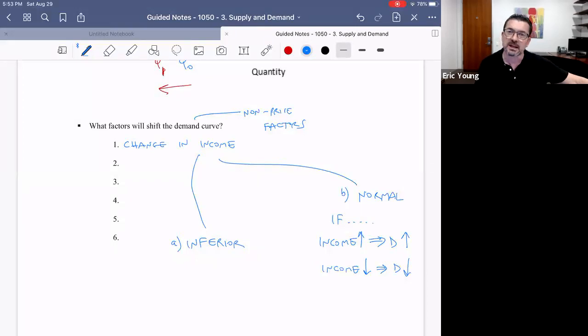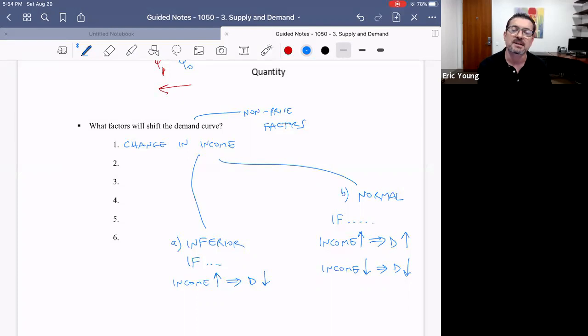They're extraneous to the actual market for the good itself, but they do affect your ability to buy, and therefore they shift curves. An inferior good is the same, but just the opposite. With an inferior good, by definition, if your income goes up, then your demand for the product goes down.